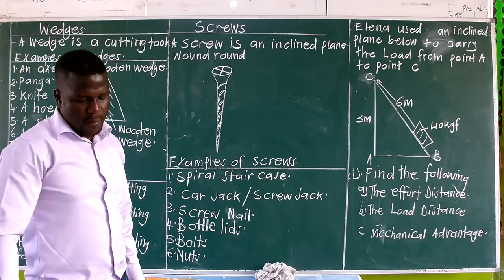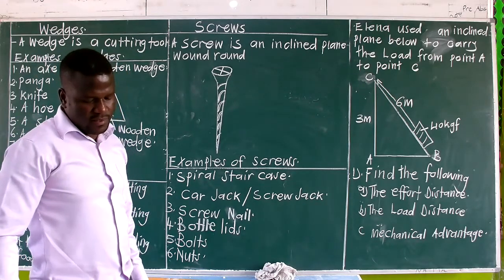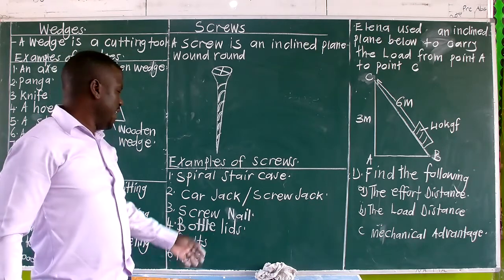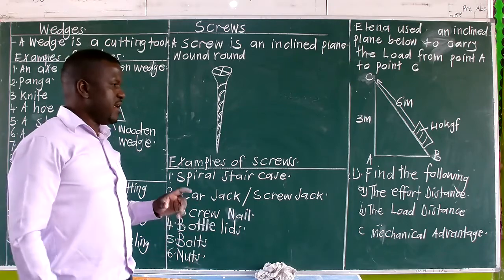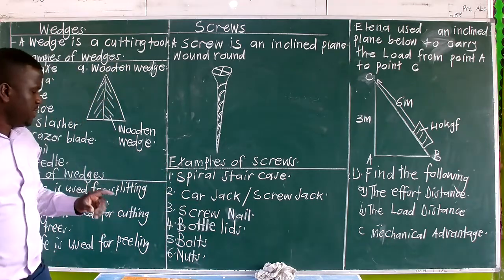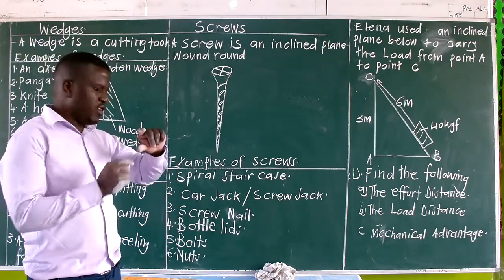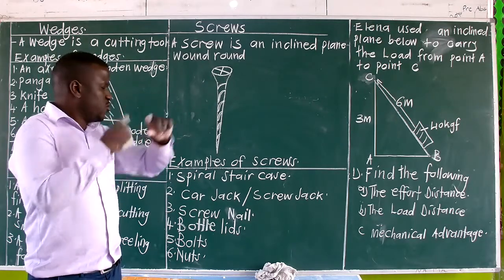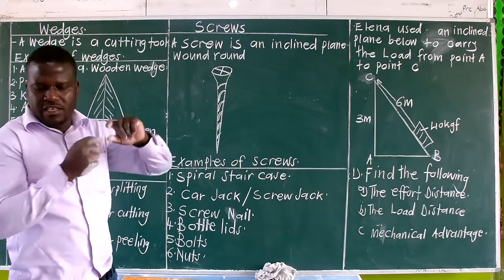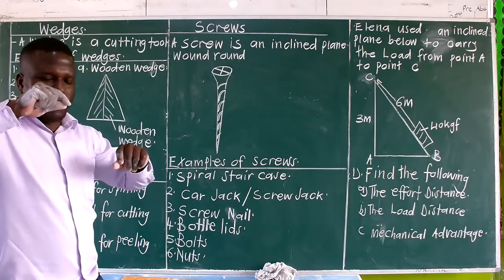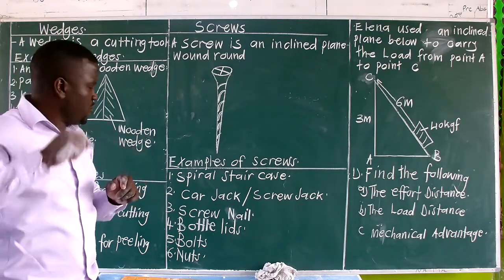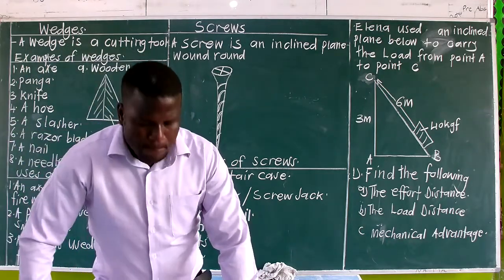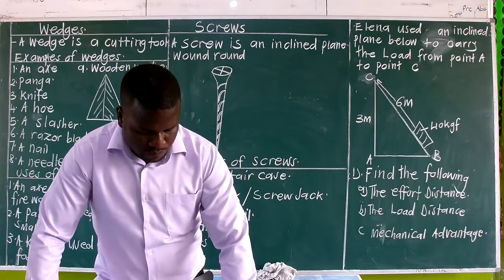Bolts, nuts, bottle lids, screw nails, engineer's vice, and so on. If you look inside the bottle lids, there is a screw that helps to fasten the lid on the bottle. So a bottle lid is an example of a screw.